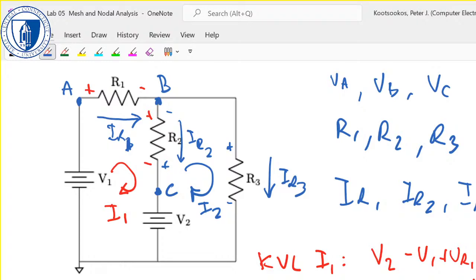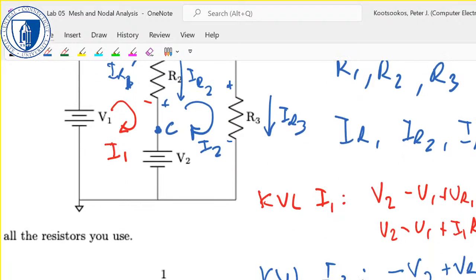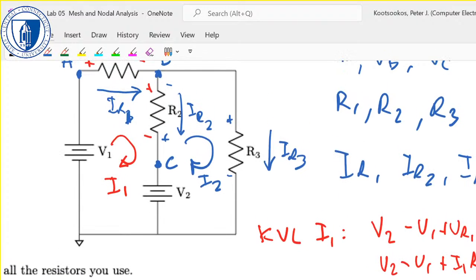Minus V2 plus VR2 plus VR3 equals 0. And again, I'm going to keep V2. And then VR2 is R2 times I2 minus I1. And R3 is just I2 times R3.